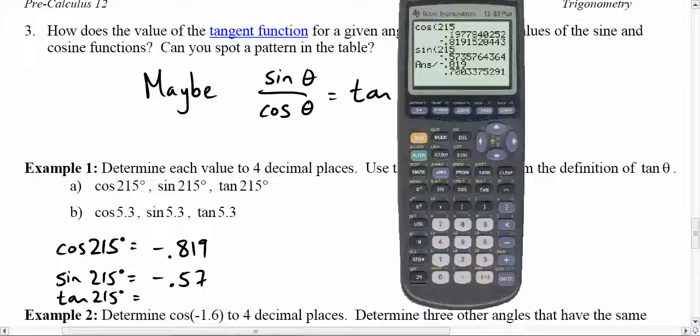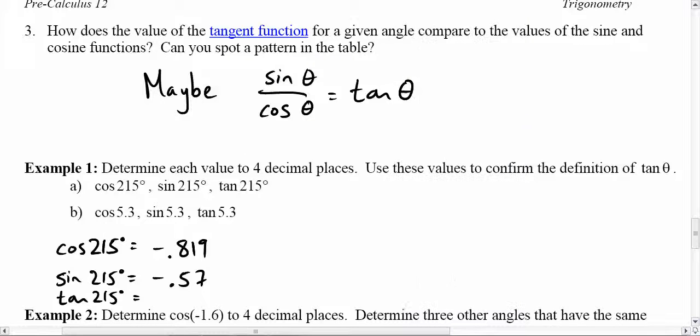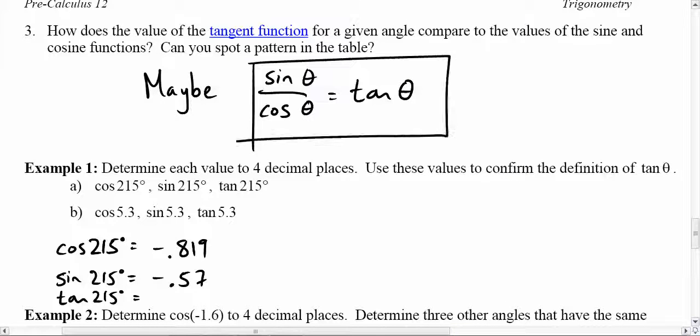So if tan of 215 is 0.7, then that's probably a good guess. So let's try tan 215. Yeah, what a fantastic hypothesis. Turns out maybe is not needed. This is true. Sine divided by cosine is always tangent.